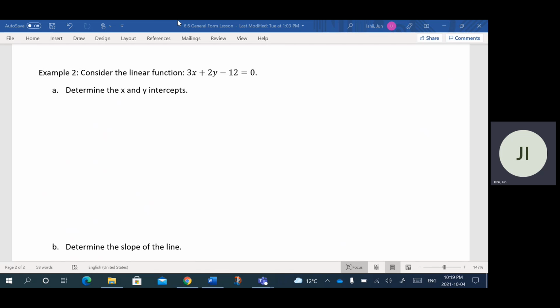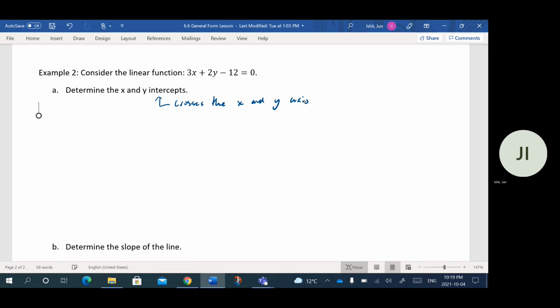Hopefully it's review. Your x and y intercepts are where the line crosses the x and y axes. Your x-intercept is where it crosses the x-axis. Your y-intercept is where it crosses the y-axis.